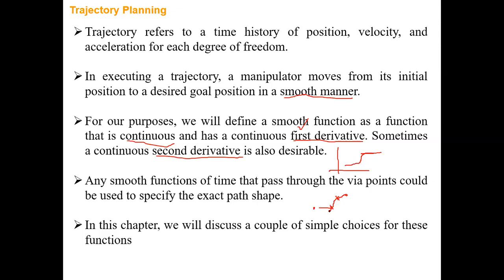Any smooth function of time that passes through the via points could be used to specify the exact path shape of the robot. In this chapter, we'll discuss a couple of simple choices for this function. When we say smooth function, we have a couple of choices. That's what we'll be talking about.